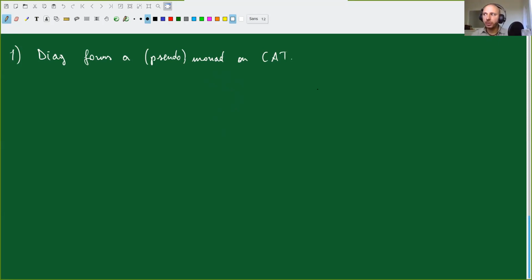Now, I suppose it's pretty clear what functoriality would do, and the unit too. The non-obvious thing here is the multiplication. But if you want to know more about the monad structure, of course, feel free to ask. But the multiplication is interesting. So the multiplication is given by the covariant Grothendieck construction.